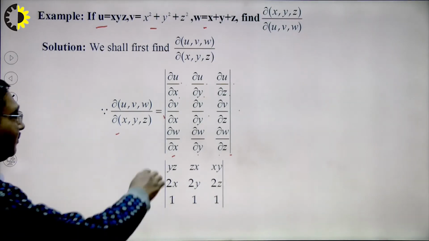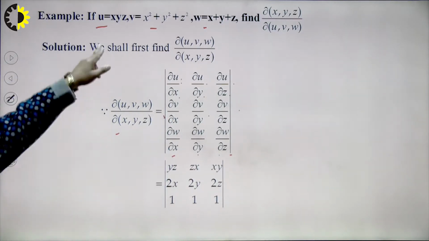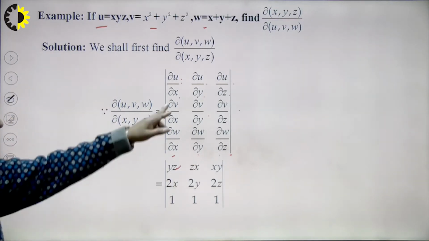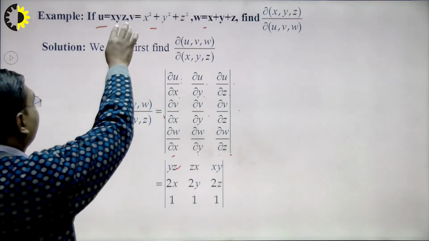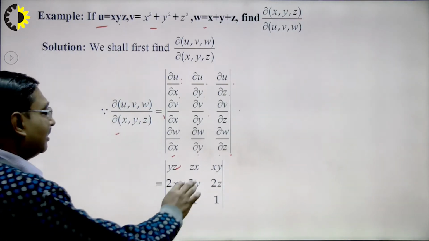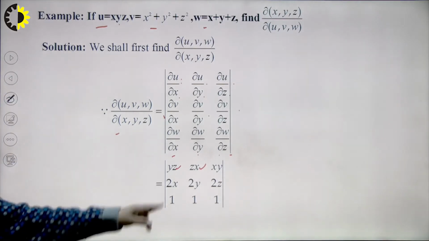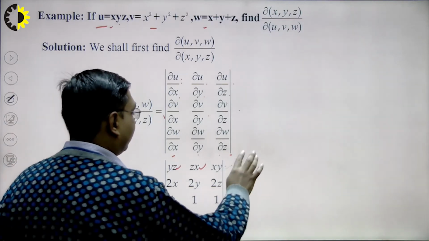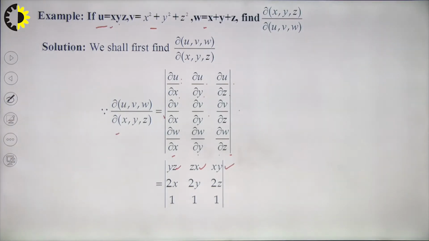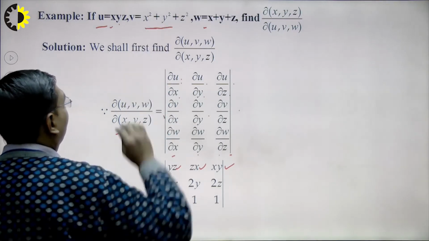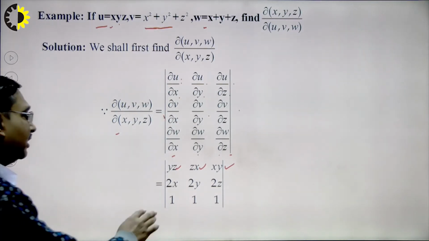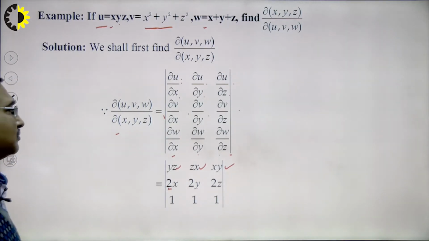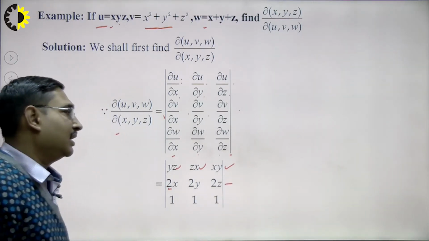Now, ∂u/∂x when calculated from this u will give yz, ∂u/∂y will give xz, and ∂u/∂z will give xy. ∂v/∂x calculated from this term will be 2x. Similarly, ∂v/∂y will be 2y, and ∂v/∂z will be 2z.